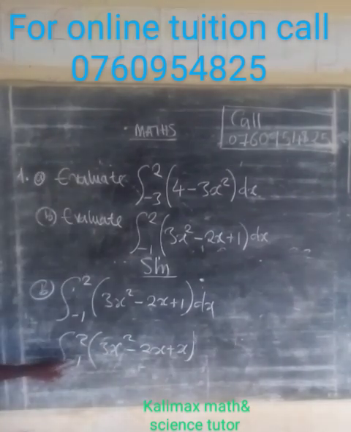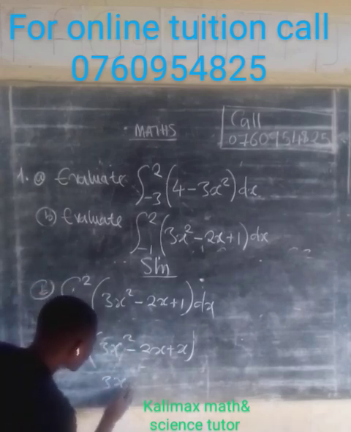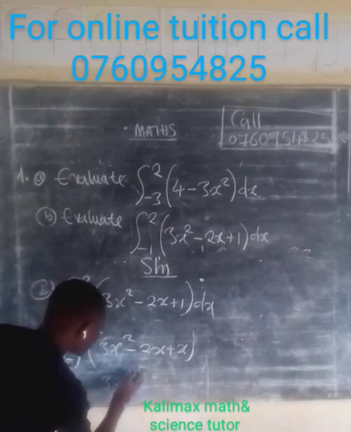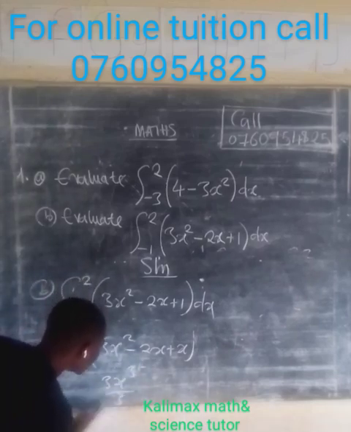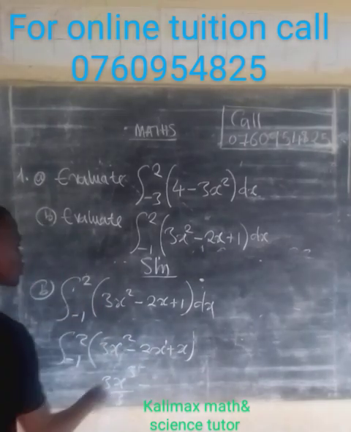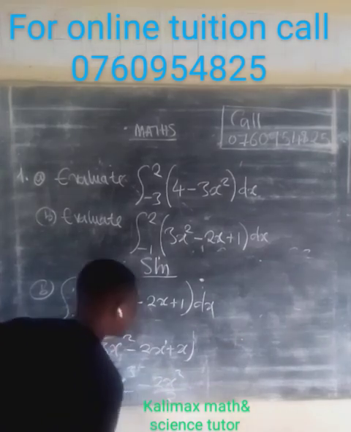Alright. So the limits are from negative 1 up to 2. We write 3x. You add 1 to the power and divide by the new power. So this will be 3 over 3. Minus, you have 1 here. So 1 plus 1, that is 2x squared over the new power.